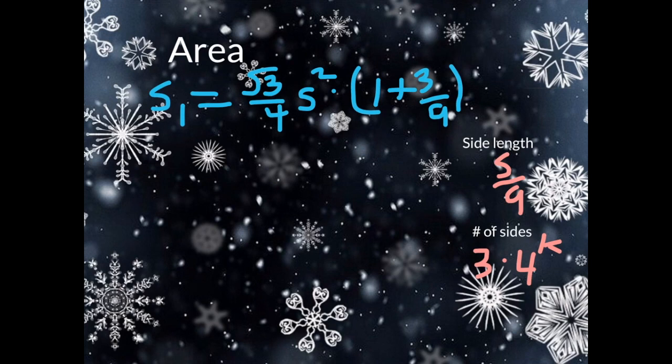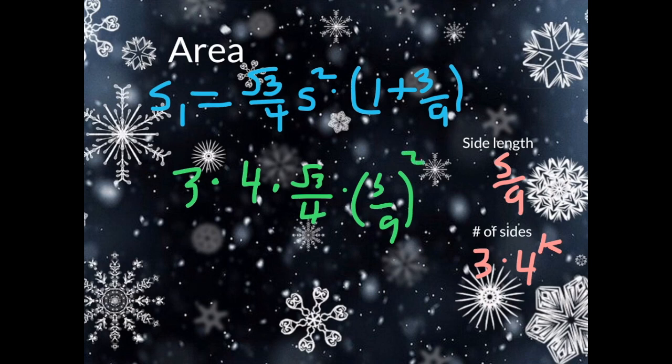This means that 12 triangles, or 4 times the 3 triangles added in the last iteration, will be added to make the second iteration. Knowing this, the added area to the second iteration will be 3 times 4 multiplied to root 3 over 4 multiplied to S over 9 squared, where S over 9 was plugged into S in the original equation.